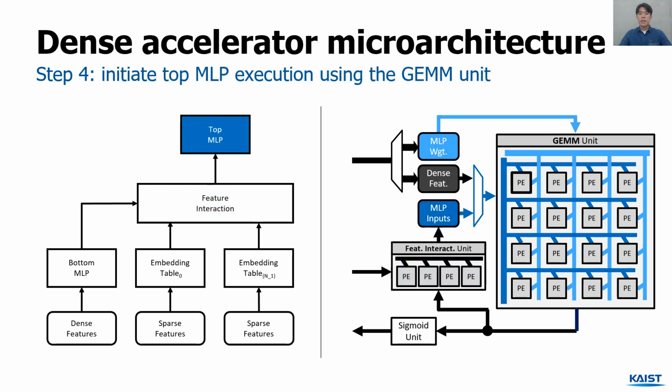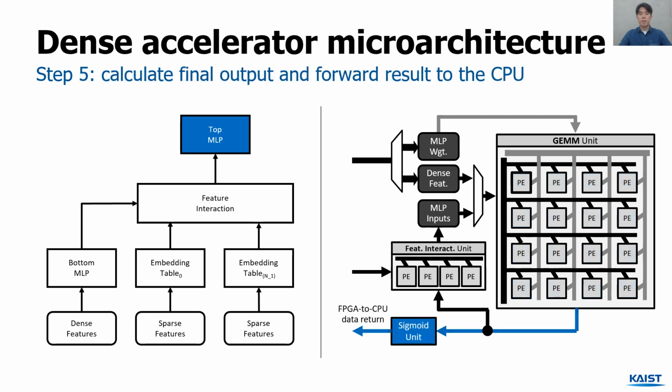Utilizing the output of feature interaction, the top MLP step is initiated, again using the spatial PEs within the GEMM unit. Lastly, the final output is post-processed to drive the click-through rate final output, which is forwarded to the CPU.